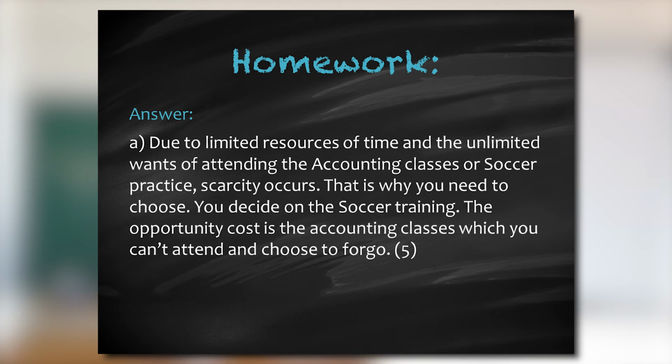The opportunity cost of this situation will be what he forgoes, and what he forgoes is the accounting classes, which he can't attend. That will allocate 5 marks to you if you explain it in that way.